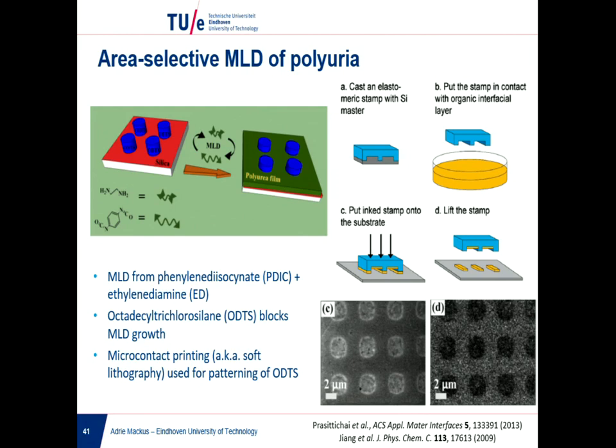So they performed this MLD chemistry, and this is an SEM image, this is an Auger map. I think here the white means that nitrogen is present, which is present in this MLD chemistry. In that way, you can see that if you apply your self-assembled monolayers with the stamp, you can have selective deposition on the rest of your surface.